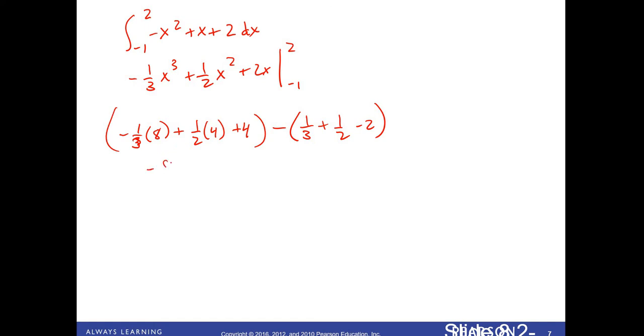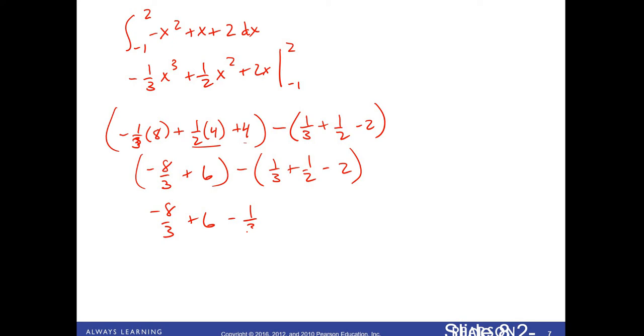So I've got negative 8/3 plus, this is 2 plus 4 is 6, minus 1/3 plus 1/2 minus 2. So let's see, I've got negative 8/3 plus 6 minus 1/3, let's keep going, minus 1/2 plus 2.